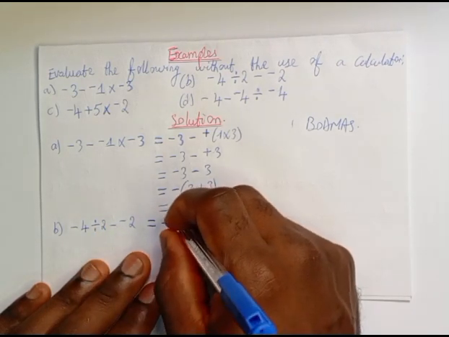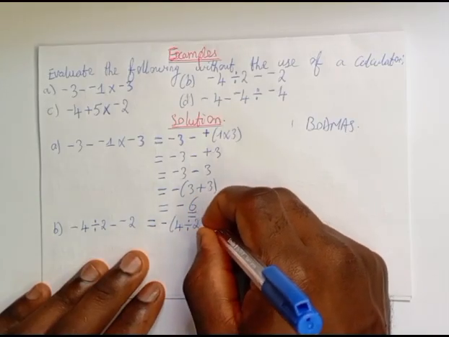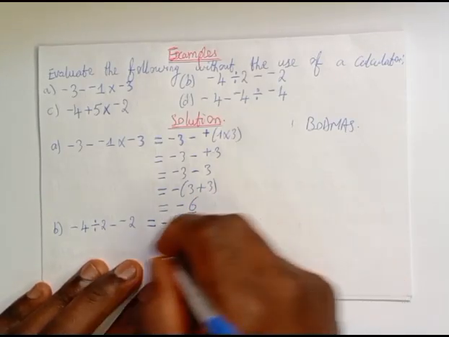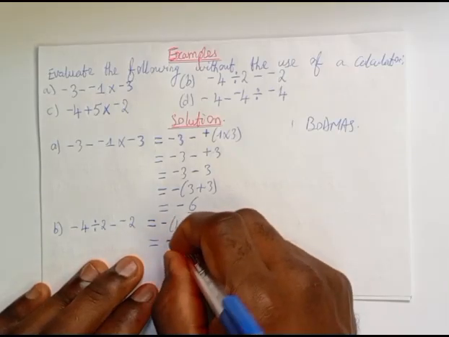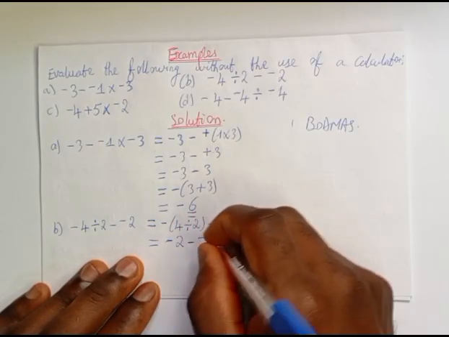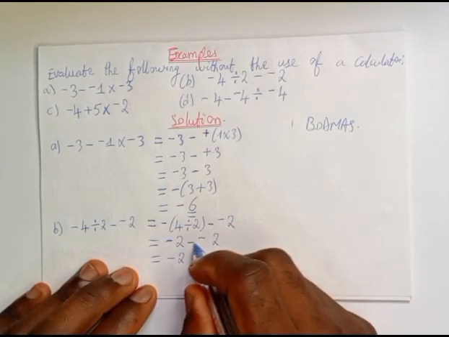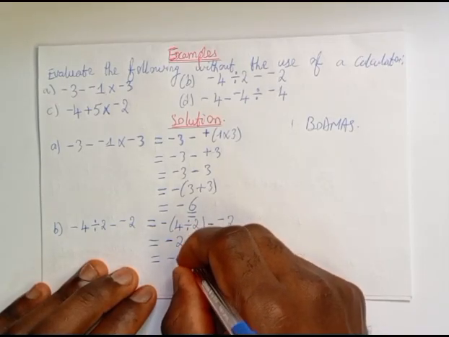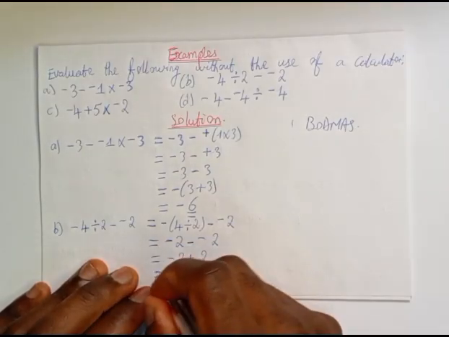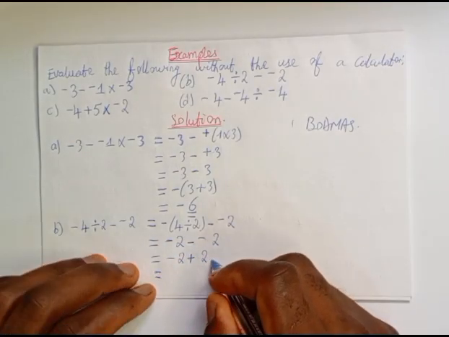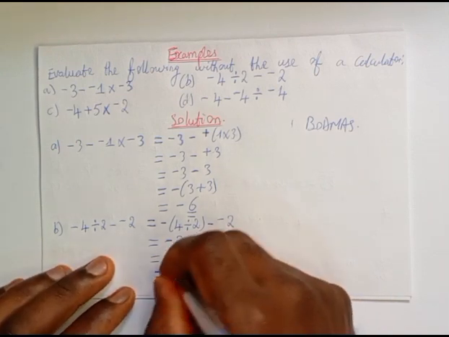Then we divide the absolute values, 4 divided by 2, minus negative 2. This will be equal to negative 4 divided by 2 gives us 2 minus negative 2, which is the same as negative 2. Negative gives us positive. This will be equal to negative 2 plus 2, which is the same as 2 minus 2, and this will be equal to 0.